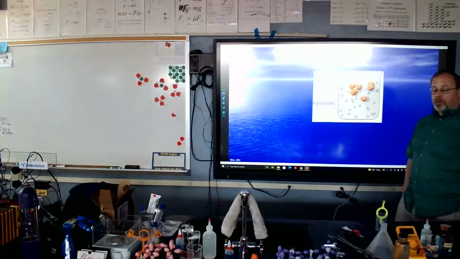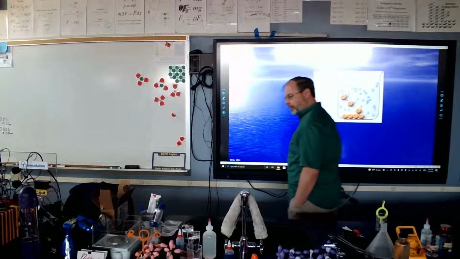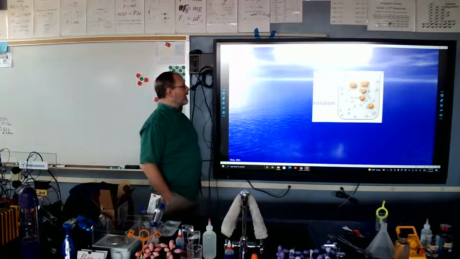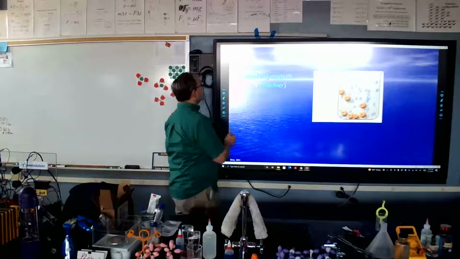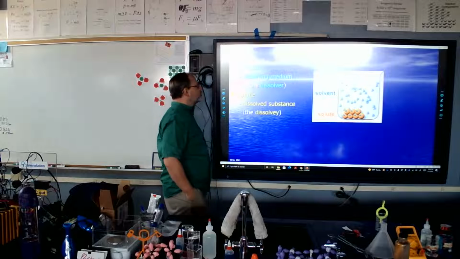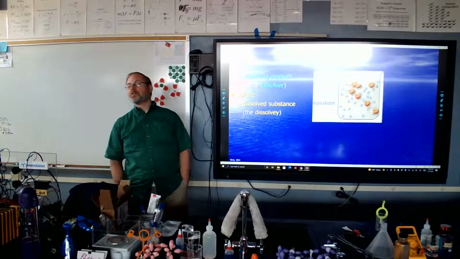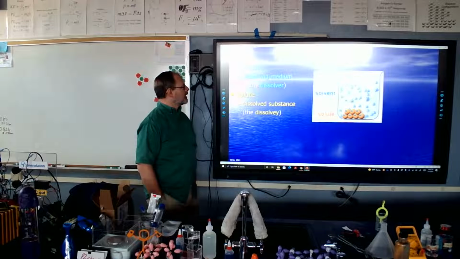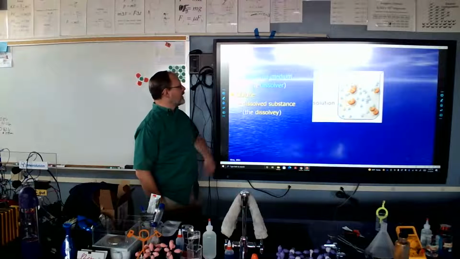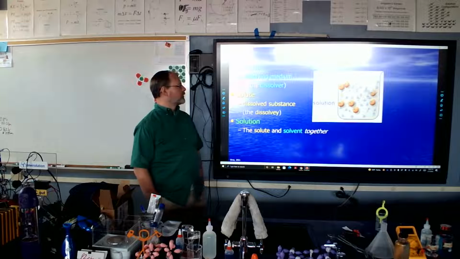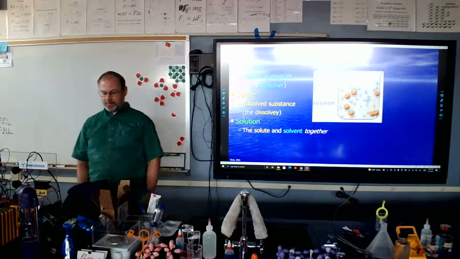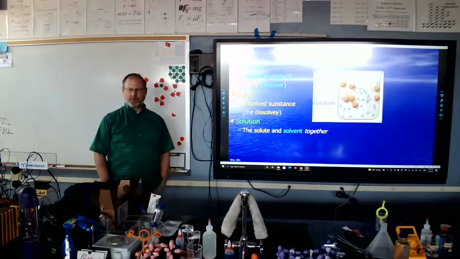All right, so when we're talking about solutions, we're talking about something dissolved in something else. And that something that gets dissolved is called the solute, and it gets dissolved into the solvent. So the solute gets dissolved into the solvent, and it forms the solution.